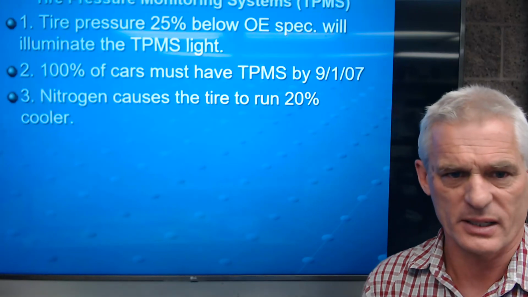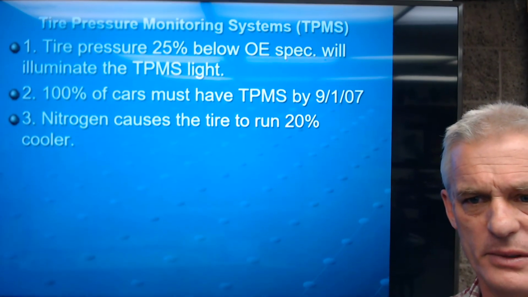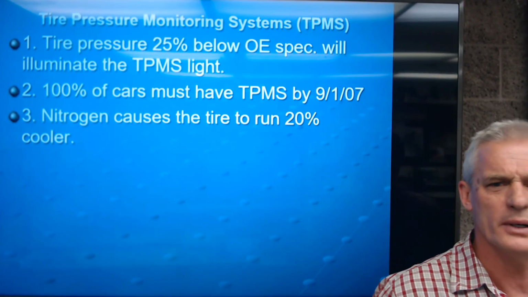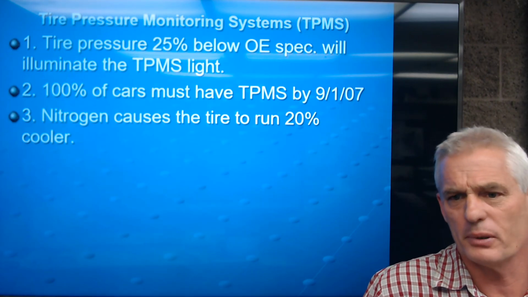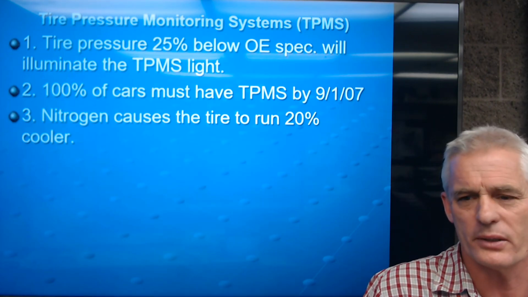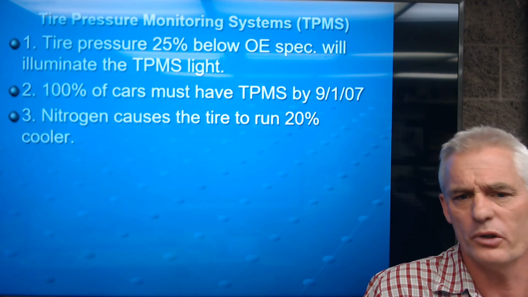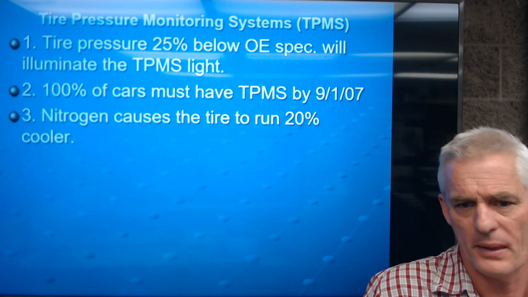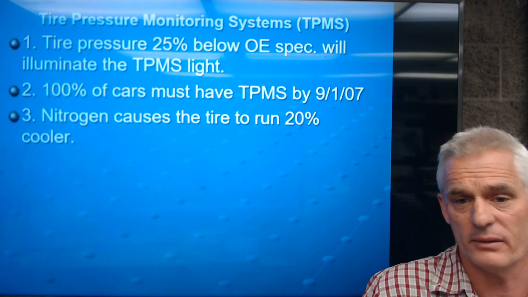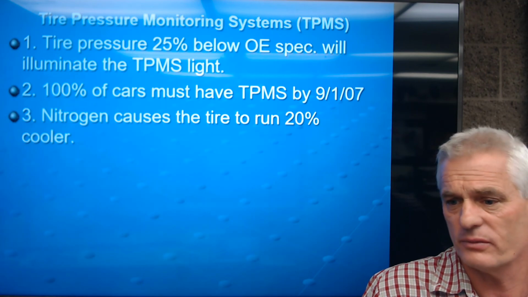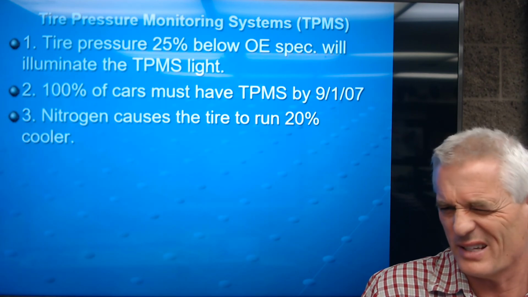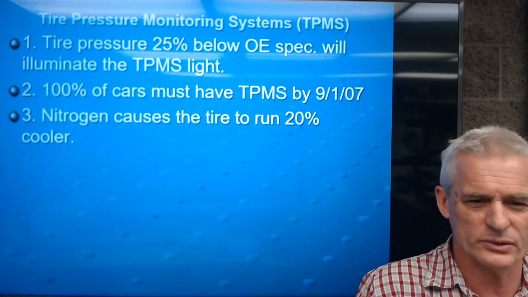So just a couple other things here. Tire pressure monitor. So a tire pressure 25% below OE spec, I said 20% earlier, 25% will illuminate the TPMS light. 100% of cars have to have it as of September 2007, I think I said 08, so it's actually 07.